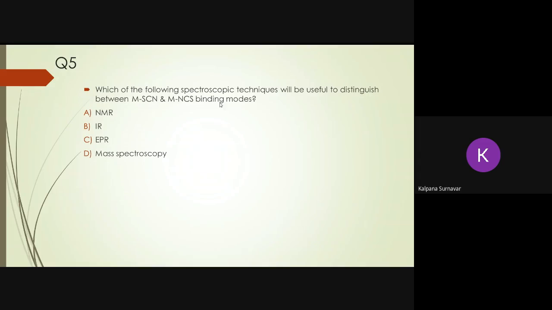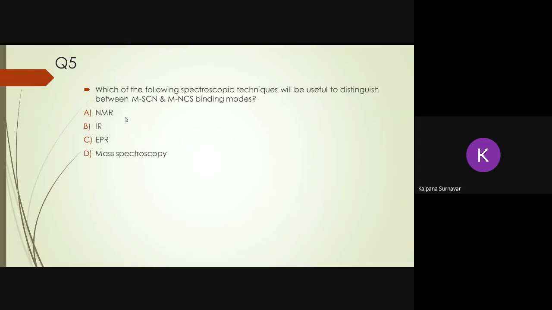So, we have to find out the difference between these compounds on the given instruments, the instrument differences, the M-SCN and M-NCS binding modes. See, here are the options.